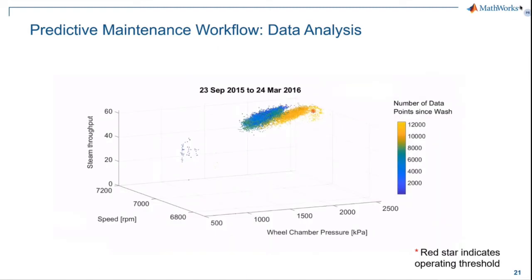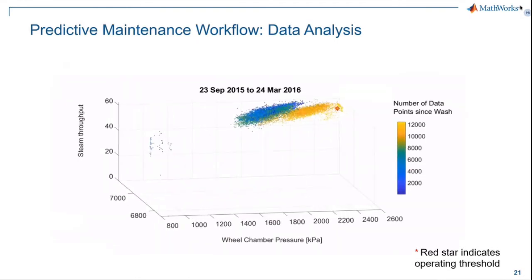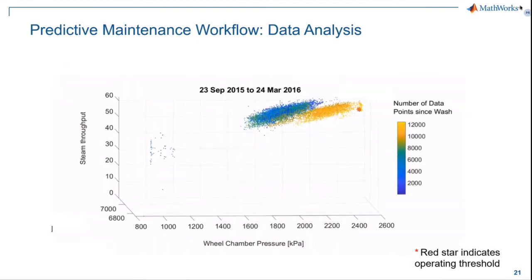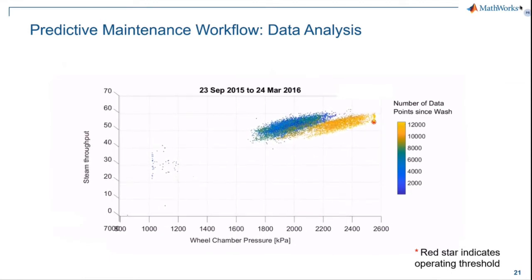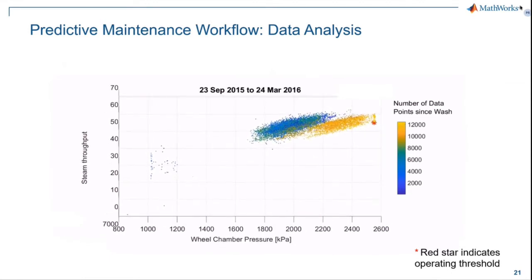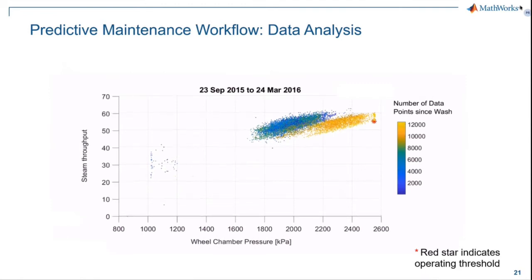Okay, so now we're taking a closer look at one life cycle and bringing in that third variable, the steam throughput. The reason for that is bringing in steam throughput provided another level of separation of the data points, particularly when looking at the color gradient, which speaks to the period of time between 2 washes. In this view, what we see is that the steam throughput is rising.